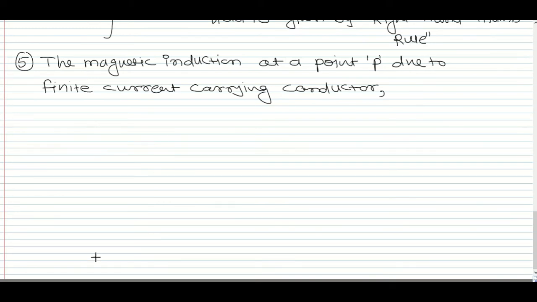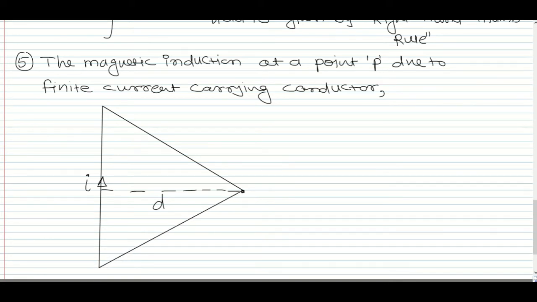So if we have a finite current carrying conductor and we want to find the magnetic field at a distance d, and the upper end is making an angle alpha and the lower end is making an angle beta, suppose. So this angle we have is alpha and this angle we have is beta. So the magnetic field at this point due to this finite current carrying conductor can be written as mu naught I divided by 4 pi d in bracket sin alpha plus sin beta.